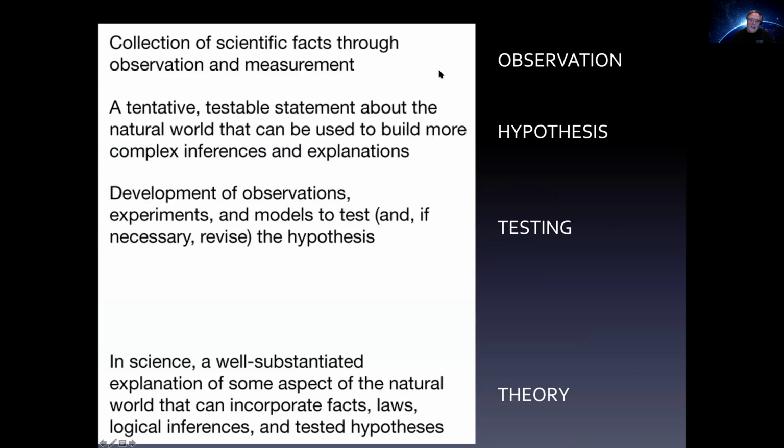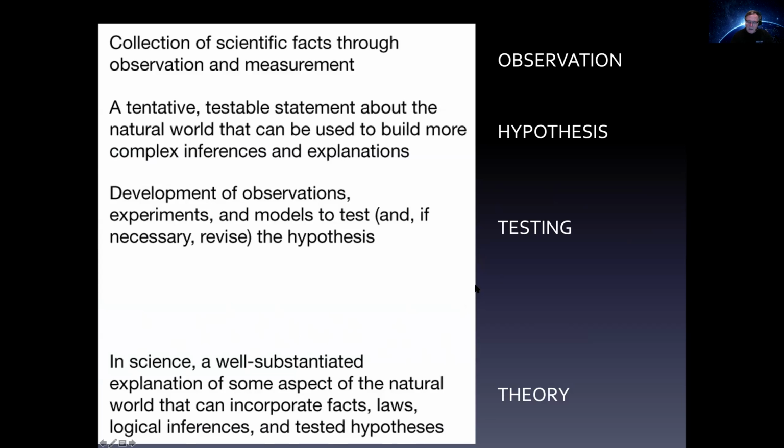Collect a bunch of facts about the world, and then we set up a hypothesis, a tentative, testable statement. Then we go around and test it. We look for observations or models or experiments or anything we have to shoot it down and redo it and hopefully revise it. And when you've hit it over and over again with lots and lots of independent observations and tests, and it survived every one of them, then it's corroborated, as we say, and it reaches a very high status in science.